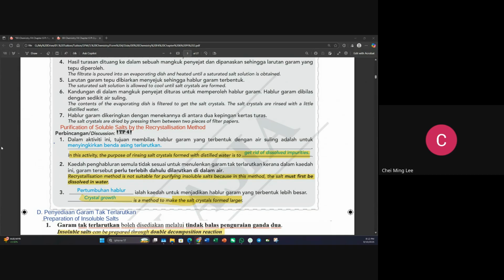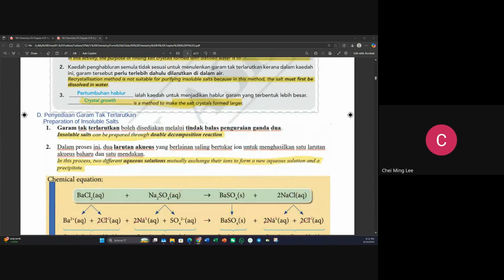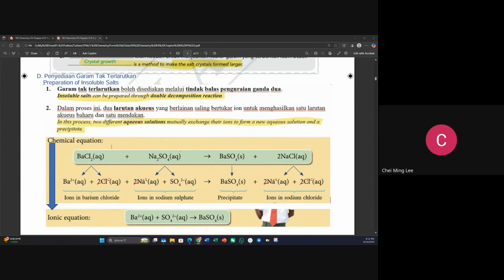Done, huh? Right now, let's see the next one, the preparation of insoluble salt. So the insoluble salt can be prepared by using the double decomposition reaction. This means that two different aqueous solutions mutually exchange their ions to form a new aqueous solution and a precipitate, like barium chloride with sodium sulfate become, these two exchange, barium sulfate with sodium chloride.